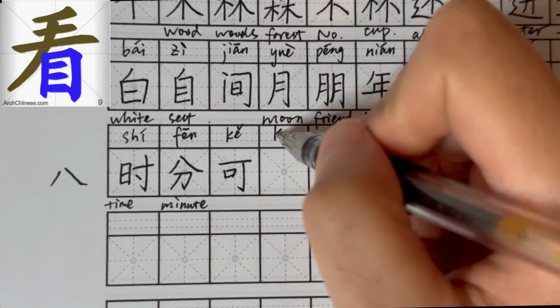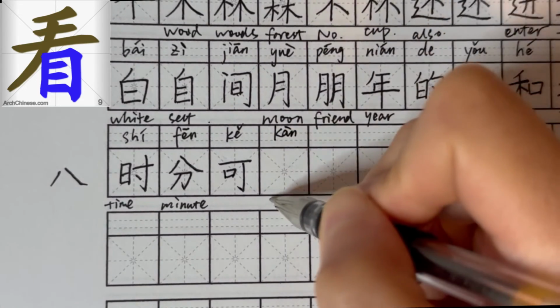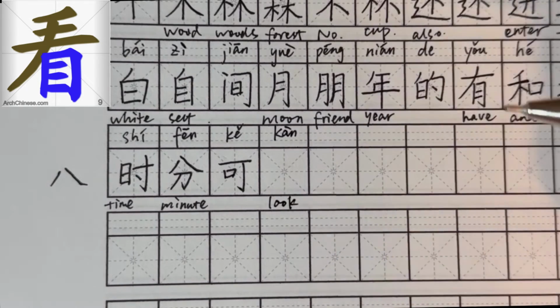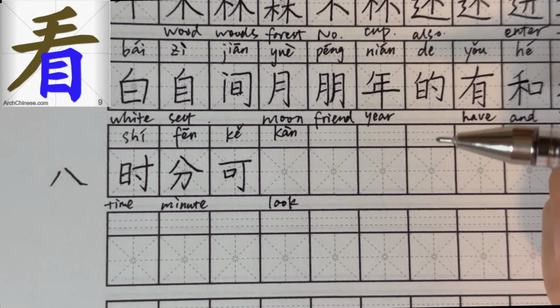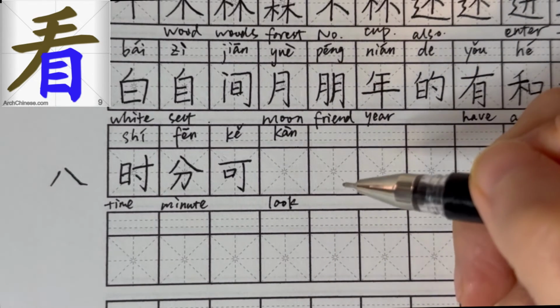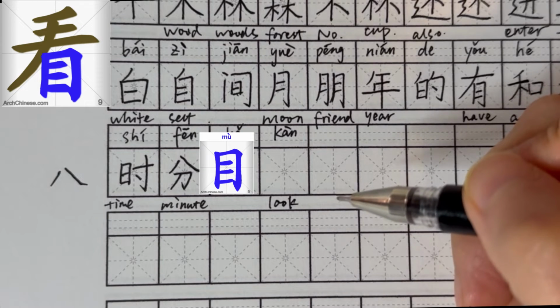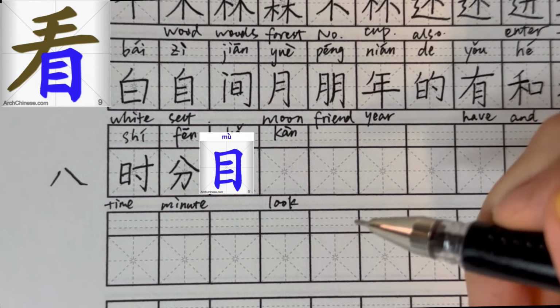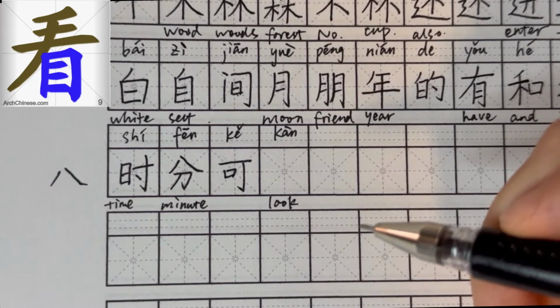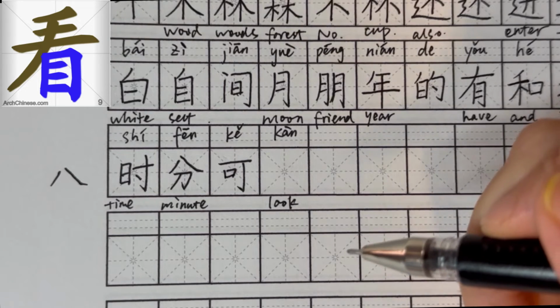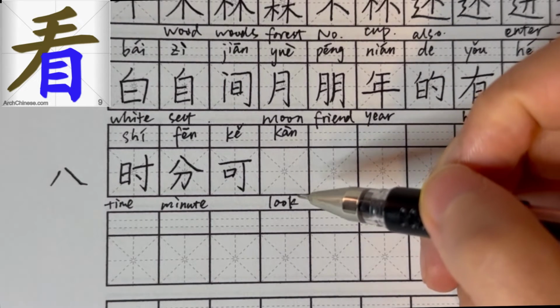Next character. 看, to look, to see. Do you recognize the component in blue color? That is the character 目 we wrote. It has something to do with eyes. Okay, what do you use to look, to see things? Your eyes.